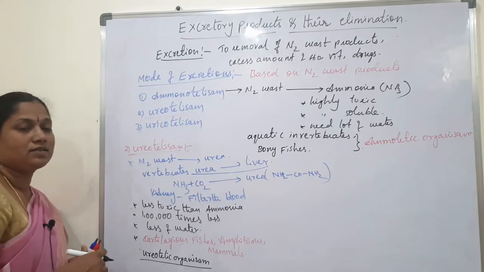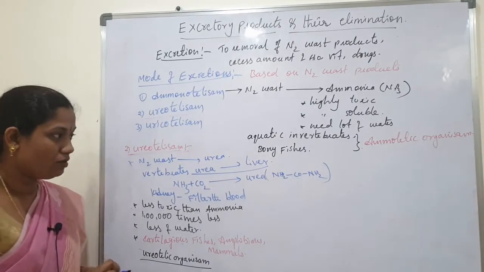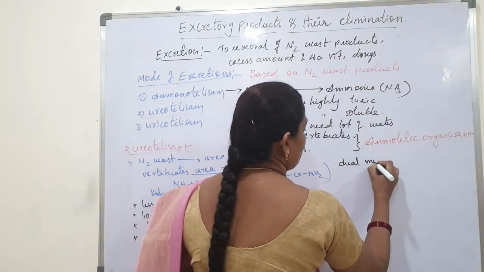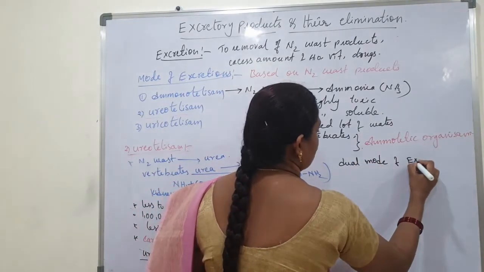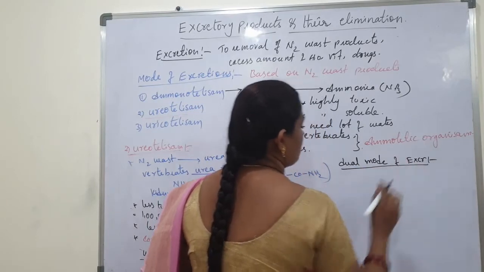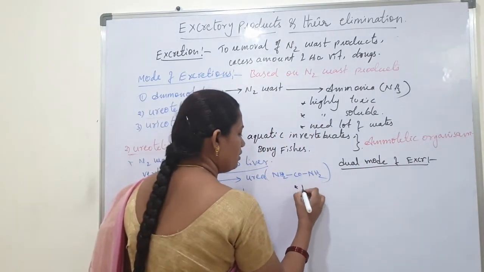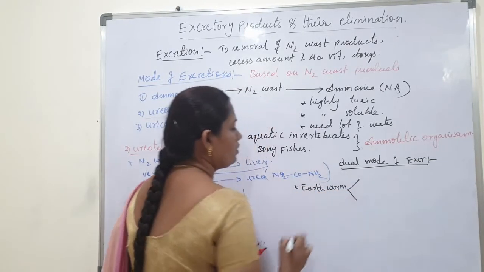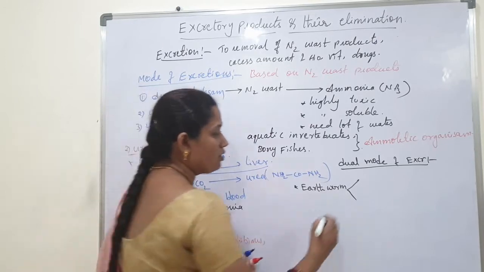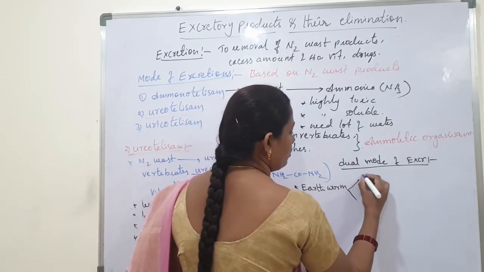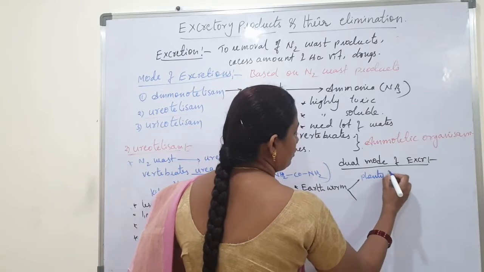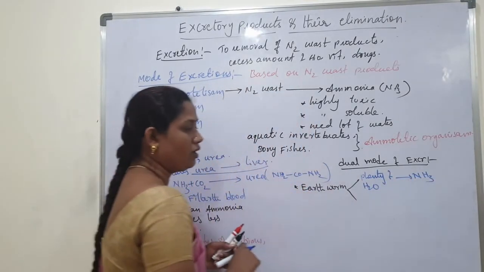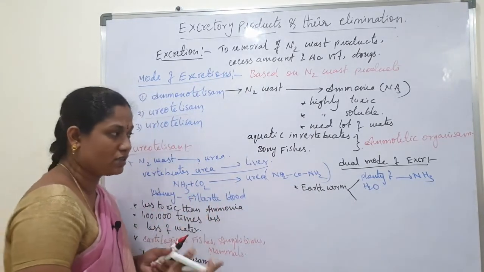Next, some organisms show a dual mode of excretion. For example, the earthworm. If plenty of water is present, it excretes ammonia.